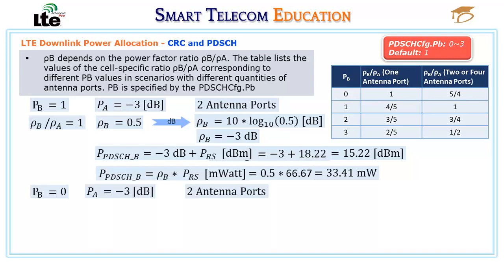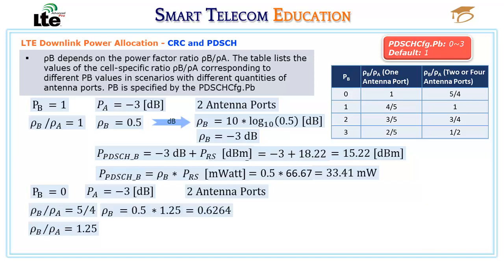Another example: PB equals 0, PA equals -3 decibels, and 2 antenna ports. From the table, the ratio of ρ B and ρ A is 1.25. ρ A is equal to 0.5, so ρ B is 0.6264. Converting this value to decibel gives ρ B equal to -2.03 decibels.